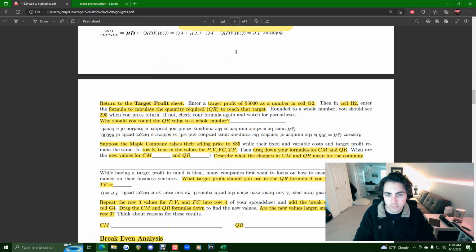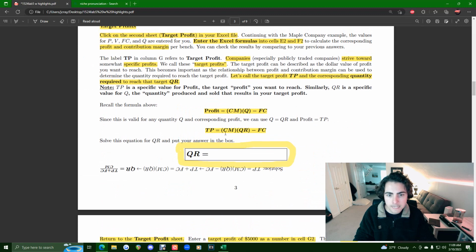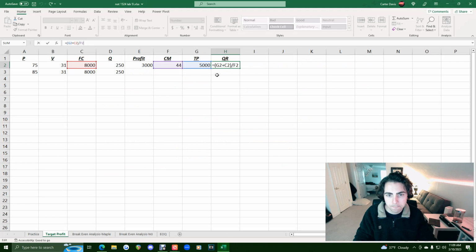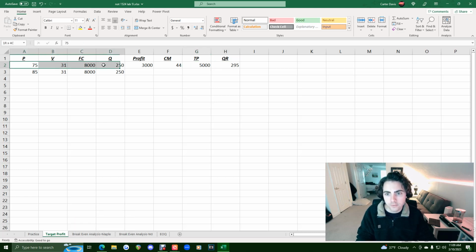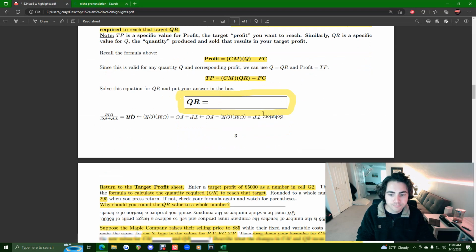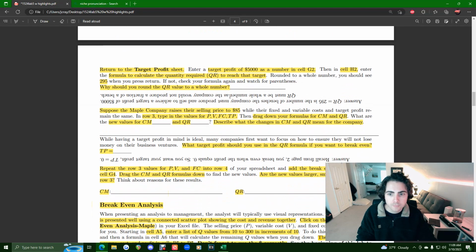Let me just make sure that's right. TP plus FC over CM. Yeah. So 295 is the quantity required to reach the target profit of 5,000 with these values. You should see 295.